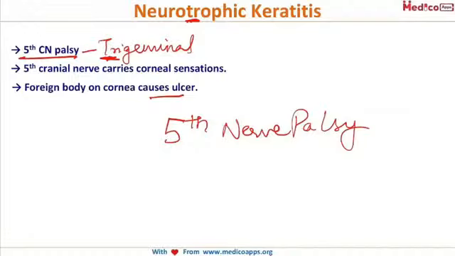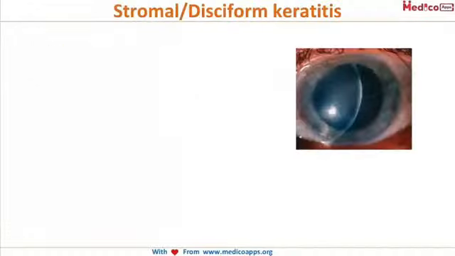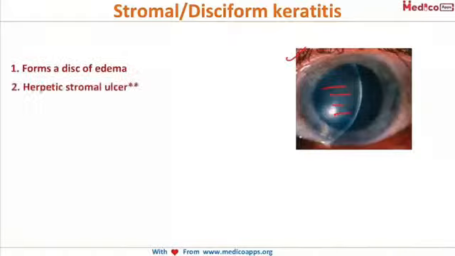Now let's go deeper and look at the stromal keratitis caused by the herpes virus. You can see in this picture that the stroma is very hazy all over here. It forms a disc of edema, and it is a herpetic stromal ulcer. What you have to understand here is that it is not an infective condition.